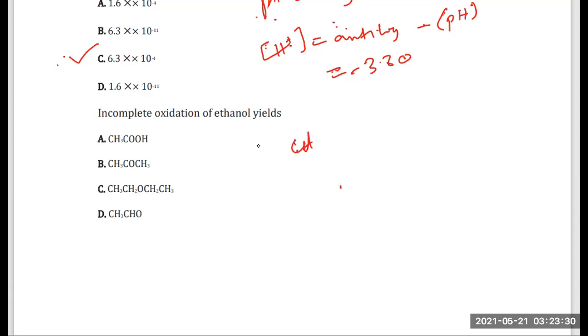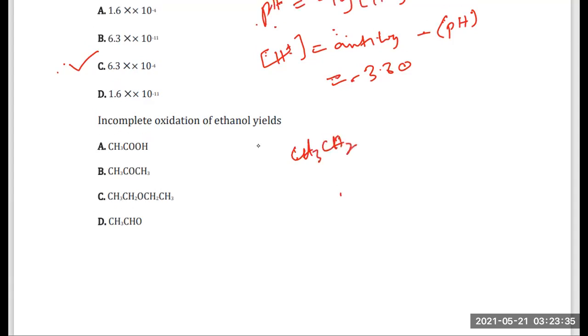This is the structural formula, CH3CH2OH. So the OH is attached to a carbon that has 2 hydrogen. So basically this is a primary, or 1 degree, alkanol.